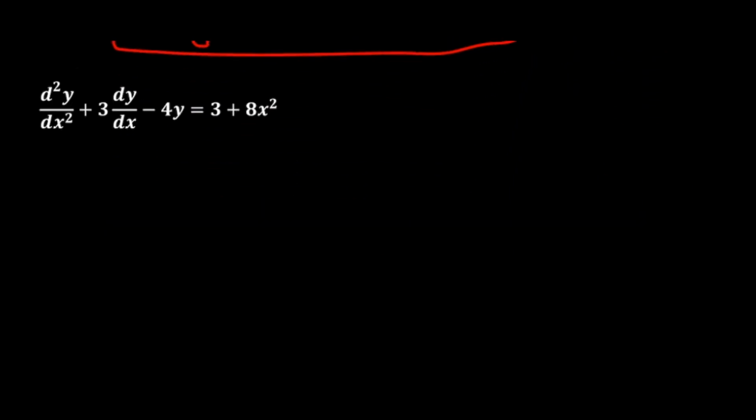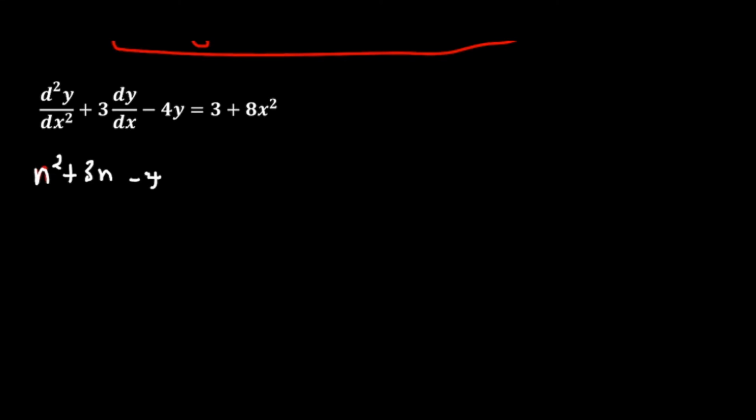Now moving on to this question, we see that our characteristic equation will be n squared plus 3n minus 4.